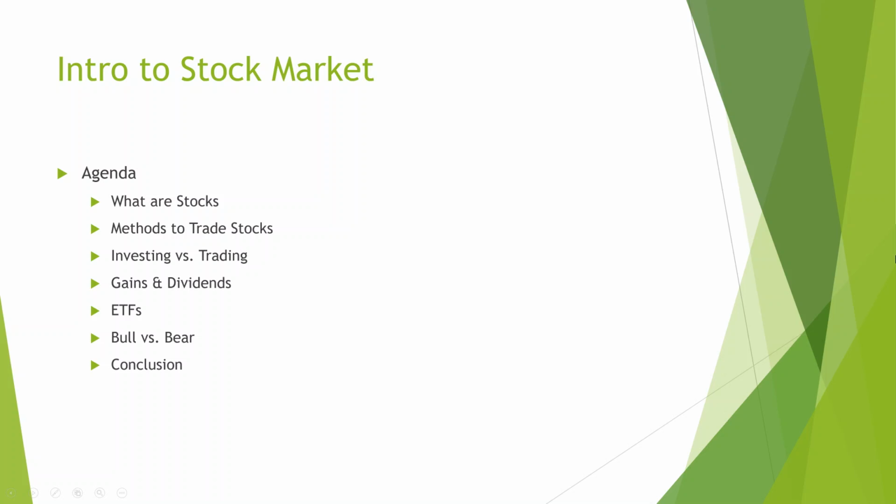Overall, we're just going to start off with my definition of what stocks physically are, and then a couple of ways that you can go about actually buying and selling them. Then we're going to go through the difference between investing and trading, which is pretty much a personal goal topic. And then we'll go through some of the outcomes of what stocks give you, such as the gains and dividends.